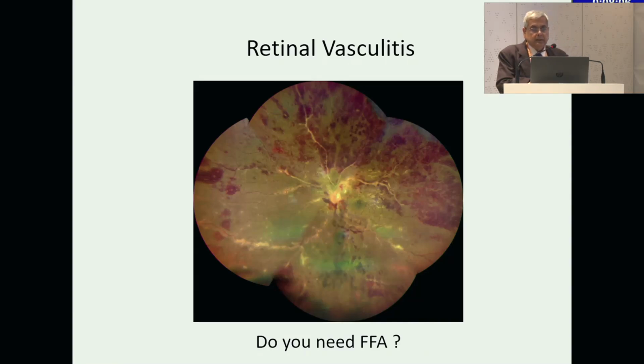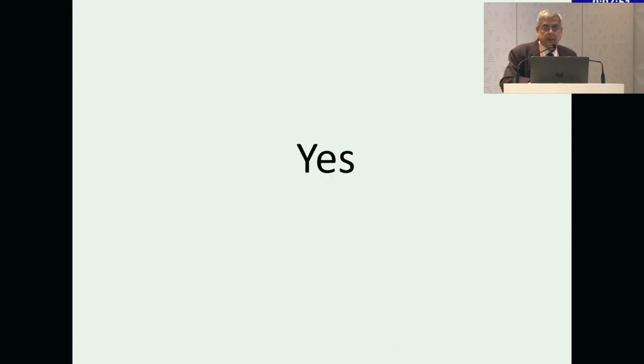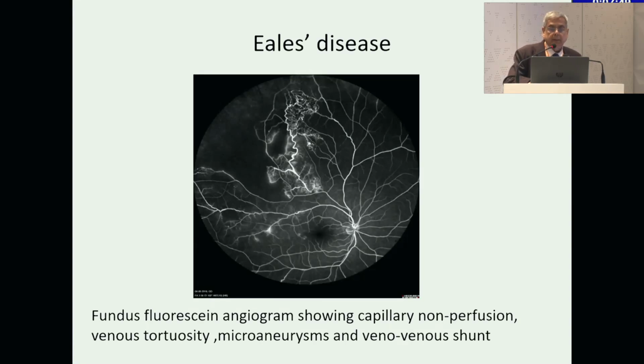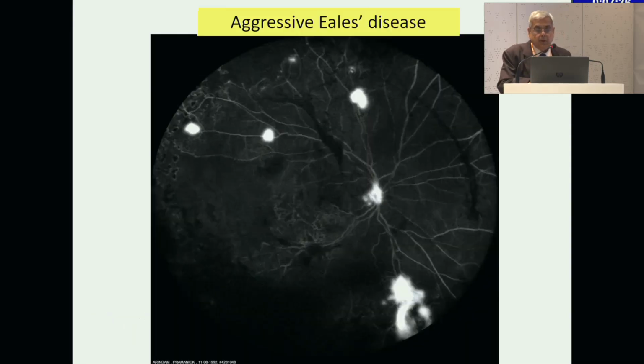And this is a case which you see in the Indian subcontinent quite frequently: retinal vasculitis involving the mid-periphery, with retinal hemorrhages involving multiple quadrants. Do you need FFA? Yes, you need an FFA to find out the capillary non-perfusion, and the veno-venous shunts and tortuosity of the veins all tell that this is a case of Eales disease, which you used to call it earlier.